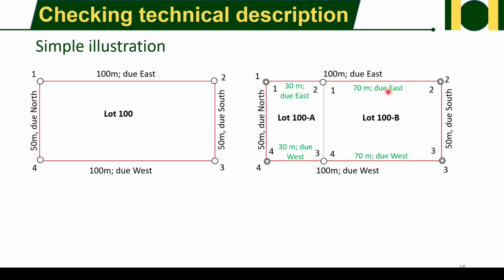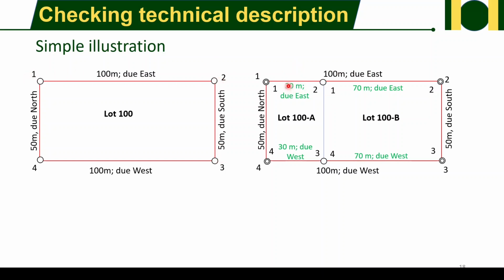Suppose when you compute using the coordinates, it came up 69.99, or it might be 70.01, a small error in the distance. Then you have to adjust in such a way that this should be 70. So you have to put some erasure and then write 70 so that it will conform with the original boundary.